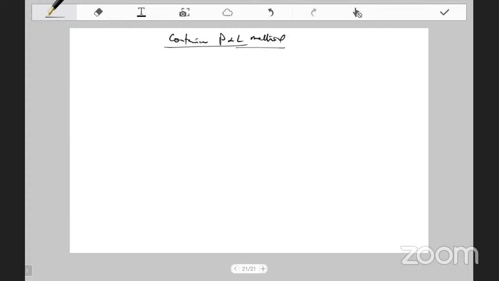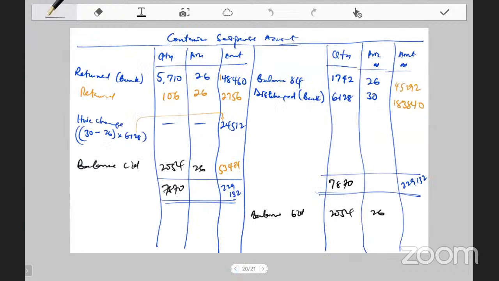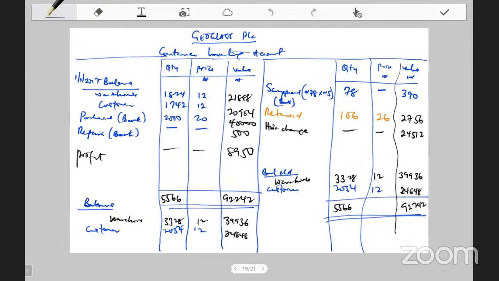However, please pay attention. The examiner can decide to give you the one for the warehouse. If they give you the one for the warehouse, you can still get the value. Let me just show you. The examiner won't give you the amount for the customer. They'll give you the one for the warehouse. And from here, you can know the amount that is going to be given to the customer. So a twist can come in.